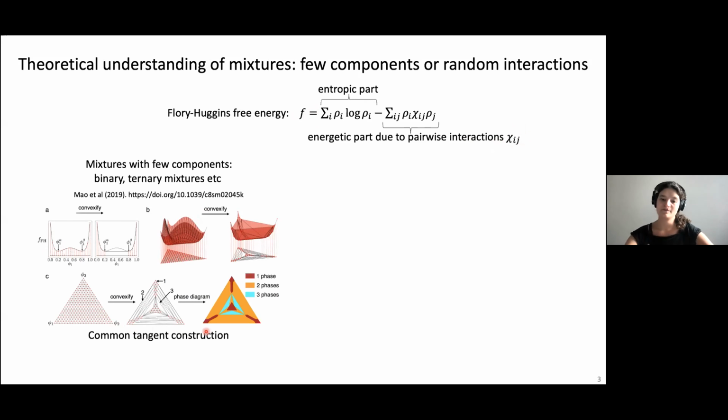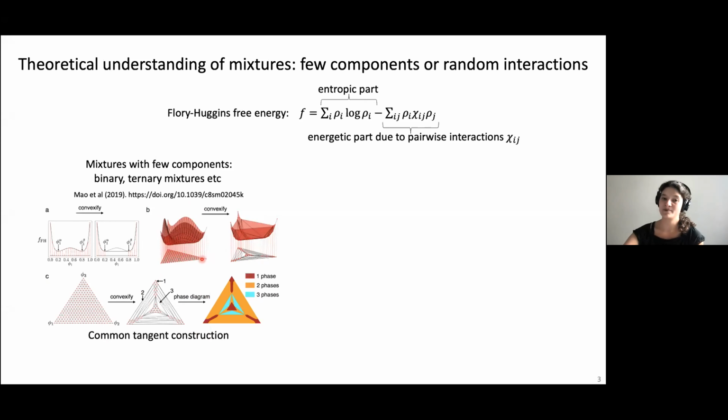But biological systems are typically not composed of 2 or 3 components, but of many different types of components. In these cases, common tangent constructions become infeasible because the free energy would be embedded in a very high dimensional space.